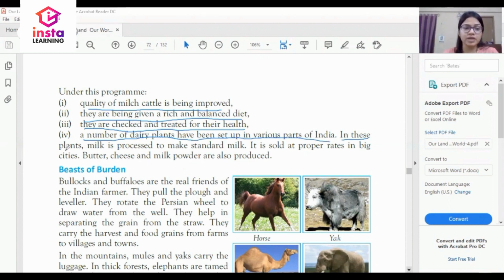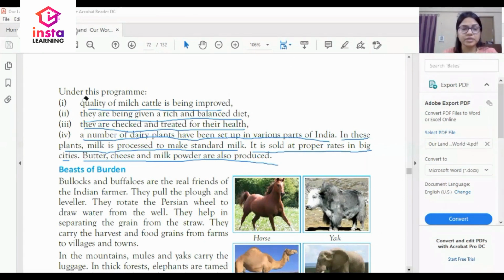In these plants, milk is processed to make standard milk. It is sold at proper rates in big cities. Butter, cheese and milk powder are also produced here. So these are the things under the White Revolution program.